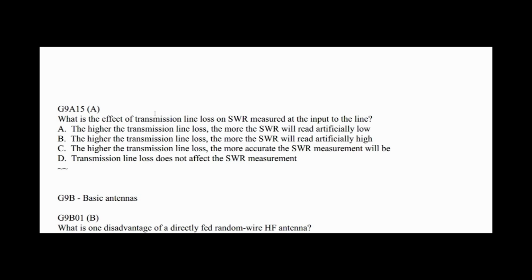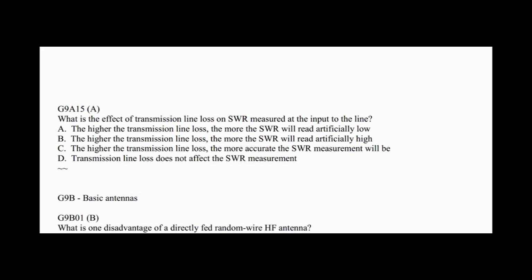G9A15. What is the effect of transmission line loss on SWR measured at the input to the line? Oh, this is the thing I just said. If you think about a really lossy line, let's say 50% of the power that goes into the coax is lost.